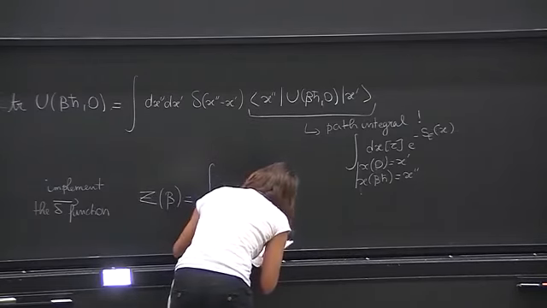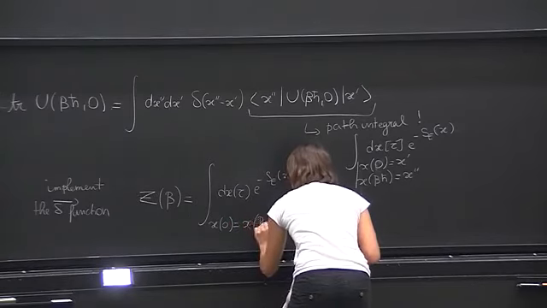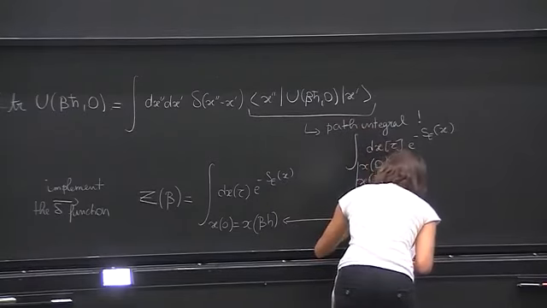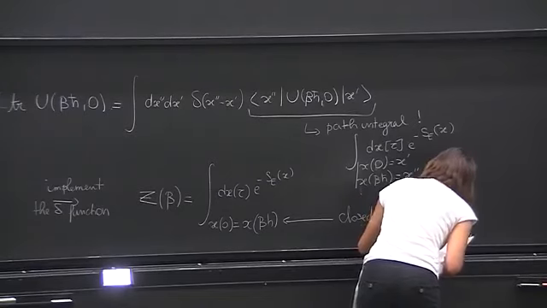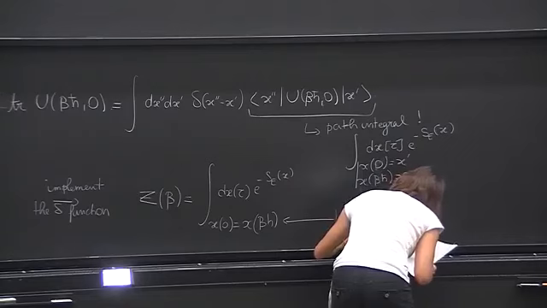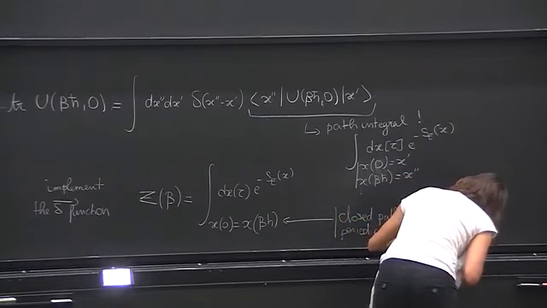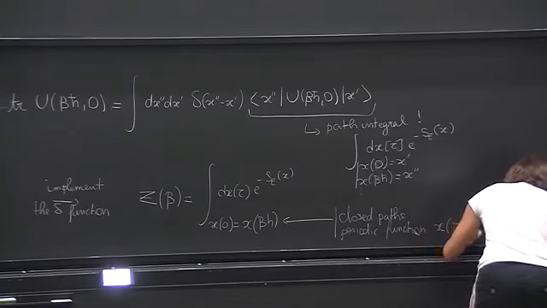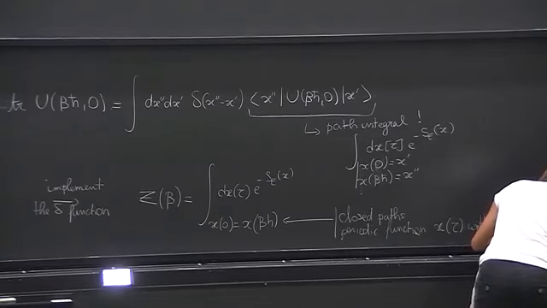Okay, so this means that you consider any closed path, or a periodic function, with a period of beta h.